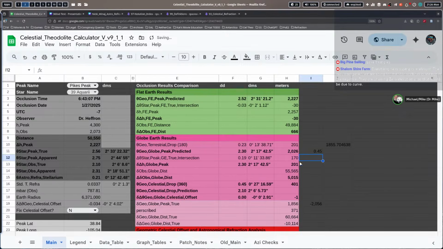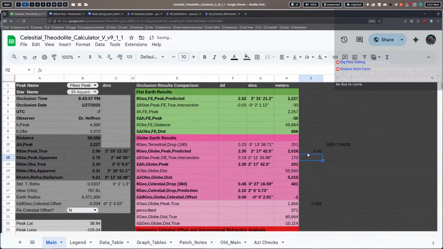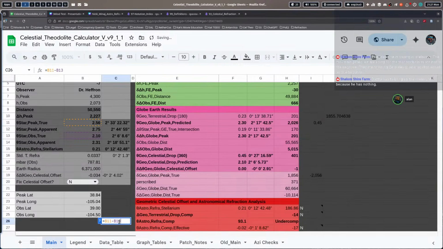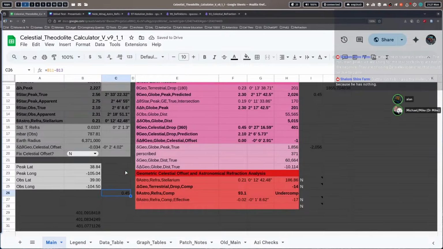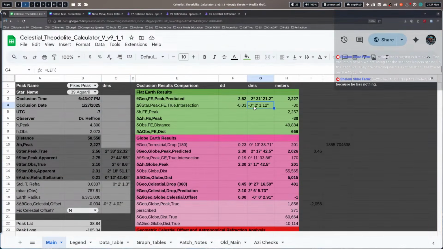I think the real number is the deviation is something like 3. I might be able to look that up quickly. Oh yeah, I already have that down here for the arc comparison. It looks like the real deviation is something like 2 arc minutes, 45 arc seconds, something in that neighborhood. It's a really tiny error, but it's significant.